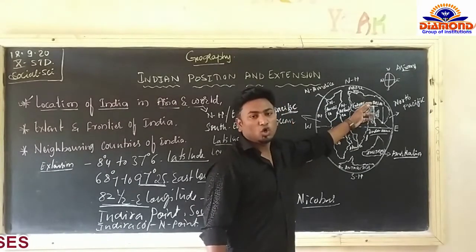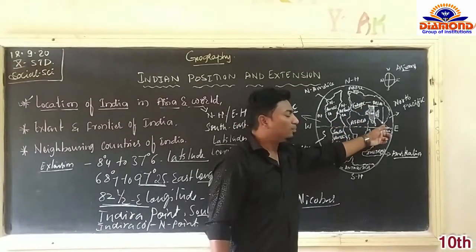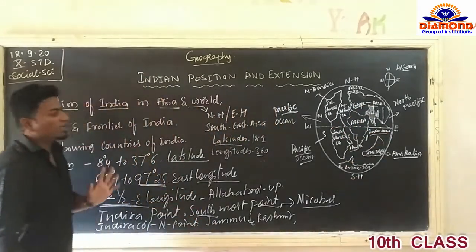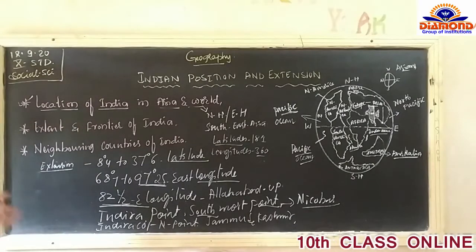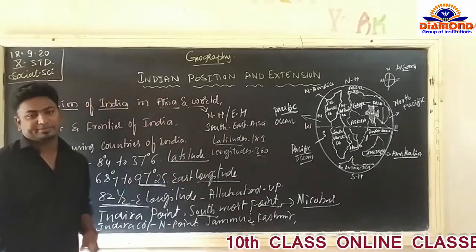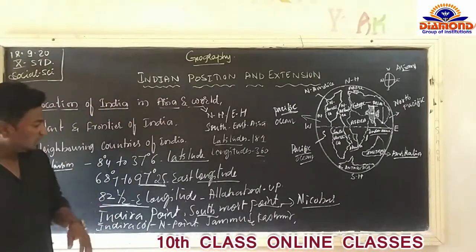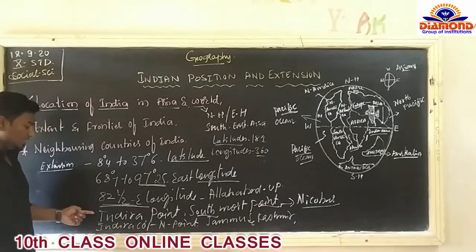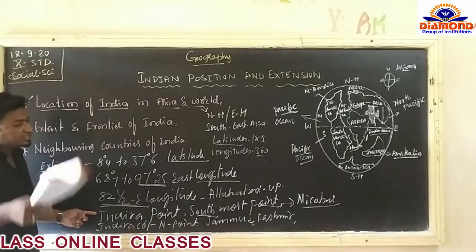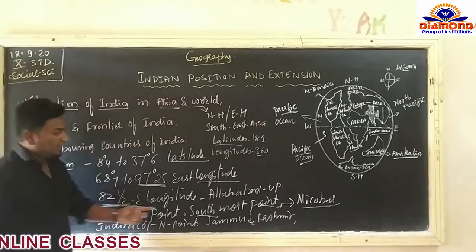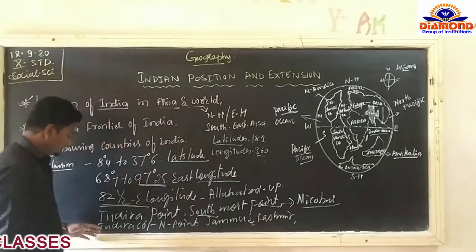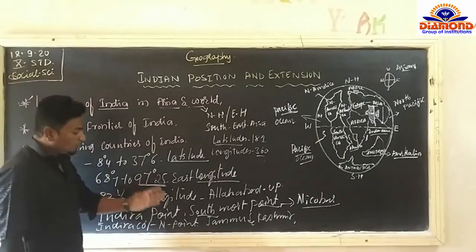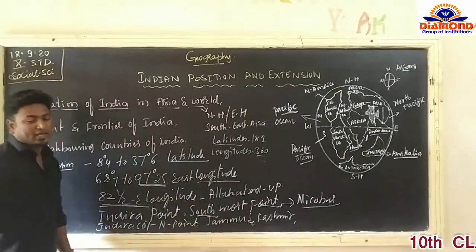These two are very important to understand the Indian position. Never forget this. In our exams, these two names are always asked. Indira Point, the south last point, ends with Nicobar. Indira Col, the north point, ends with Jammu and Kashmir.